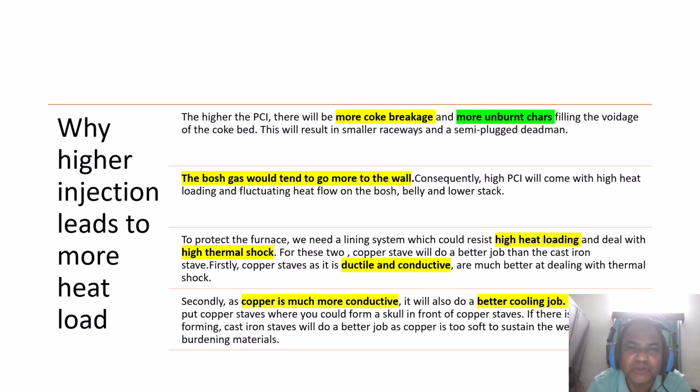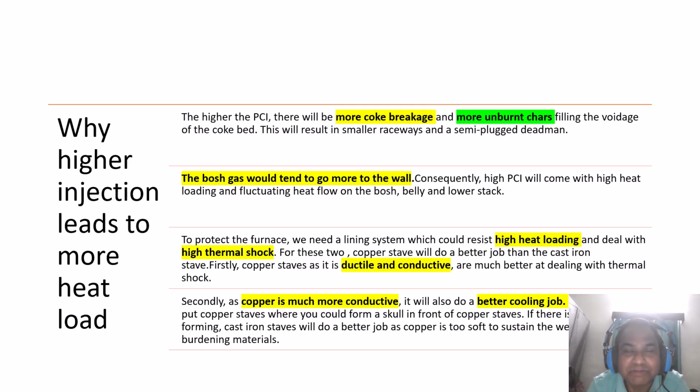Once we go to a higher level of injection, coke has to remain for a longer period, resulting in coke breakages. At the same time, when we increase our injection level, it also forms a lot of unburnt char. Both components reduce the raceway volume, with more fragmented particles resting on the bed and making the volume smaller.